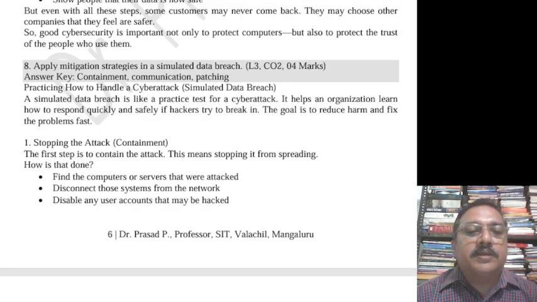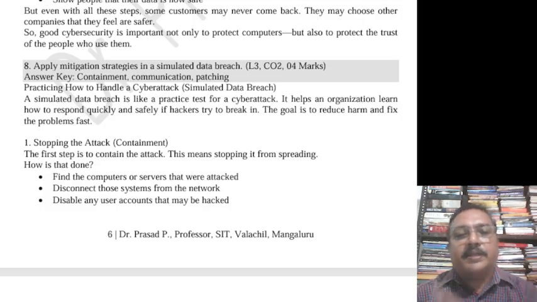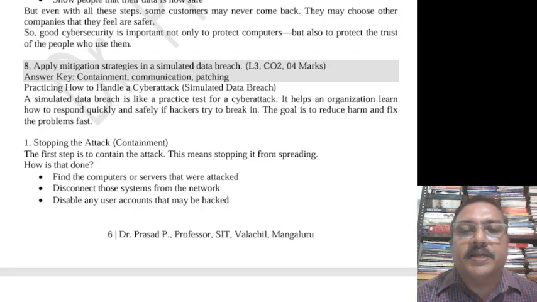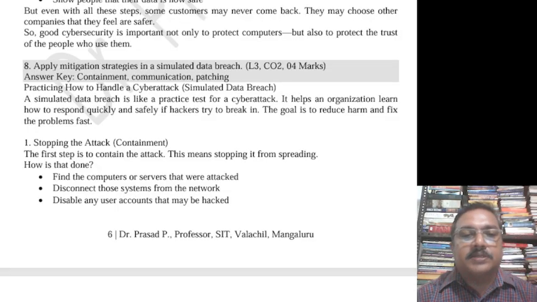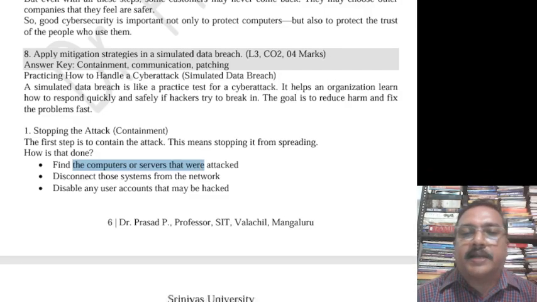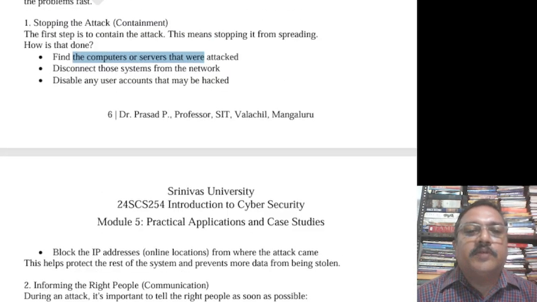Now, the first thing is stopping the attack. The first step is to contain the attack, to stop it from spreading to the other systems. We need to find the computers or the servers which were attacked and disconnect them completely from the network.